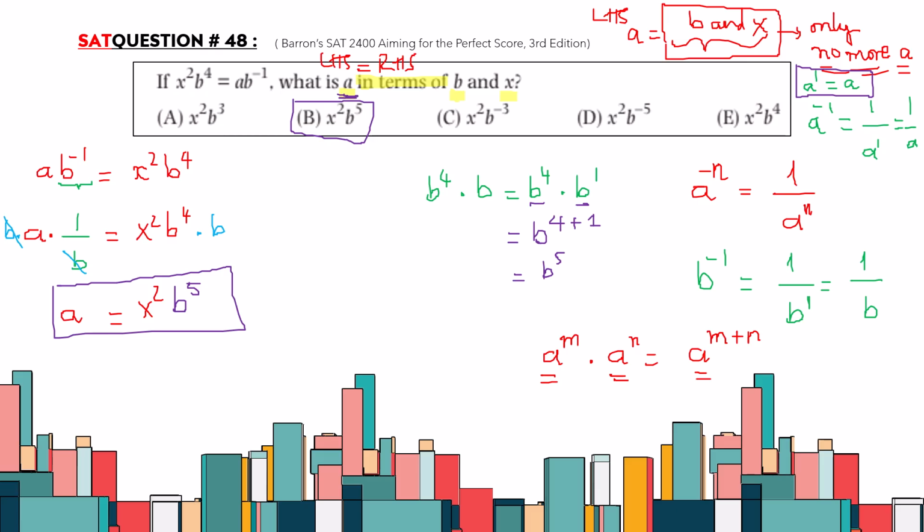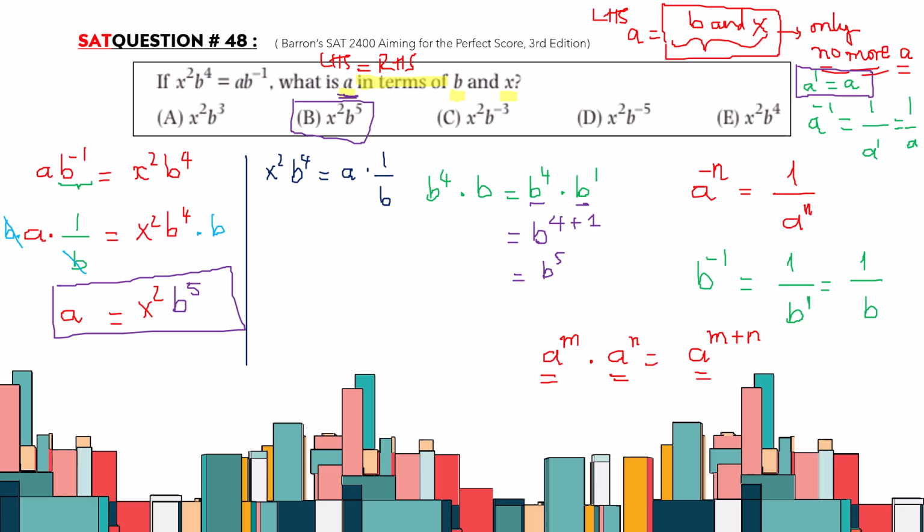Now let's go back, because I just said that we can do it the normal way. We just write down x to the power of 2, b to the power of 4 equals a times b to the negative 1, which is 1 over b. It doesn't change anything.